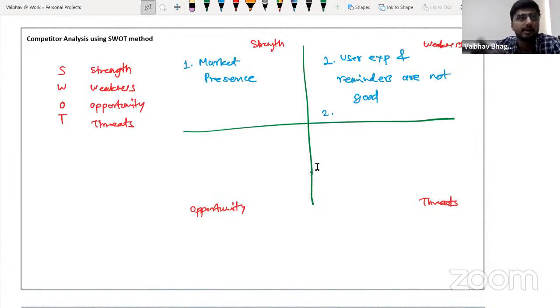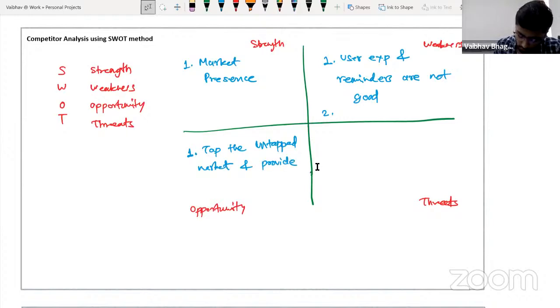There is always some market share which is untapped, which you can go on exploring, and then you have an opportunity to start from there. Some kind of opportunities: tap the untapped market and provide improved application.